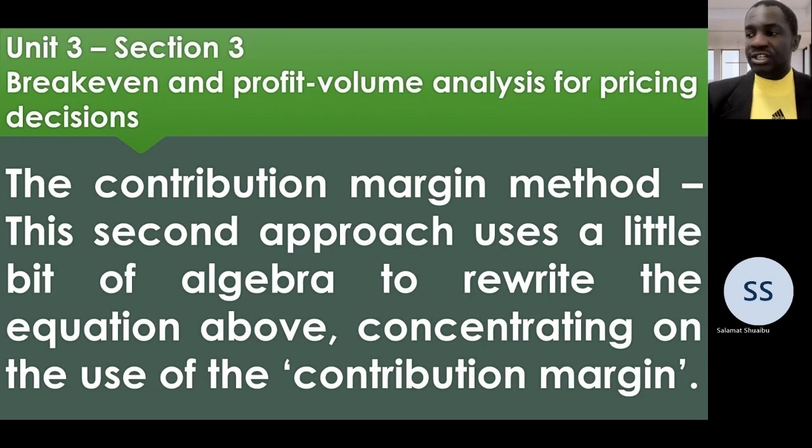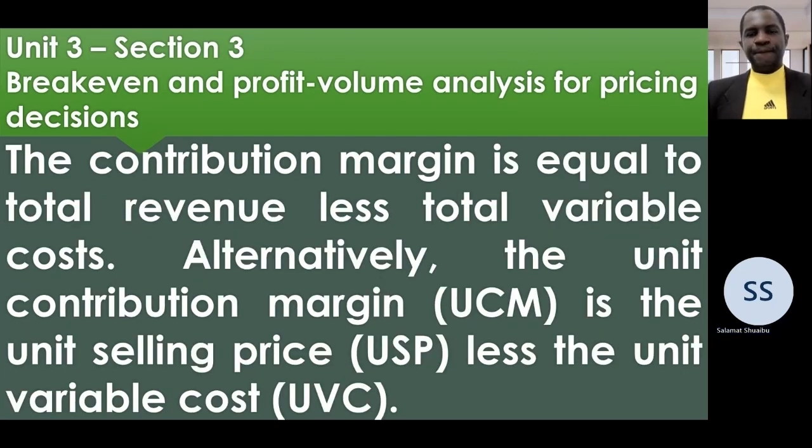This contribution margin is not the contribution of what somebody brings to the table. It uses those two formulas I mentioned: either fixed cost plus profit, depending on the scenario, or sales price minus variable cost.